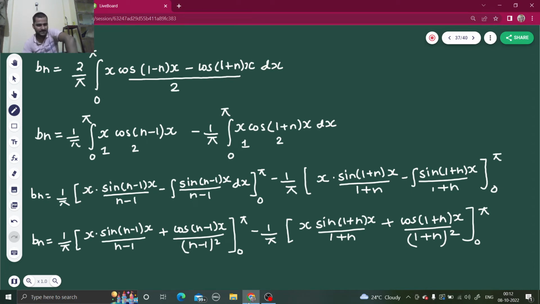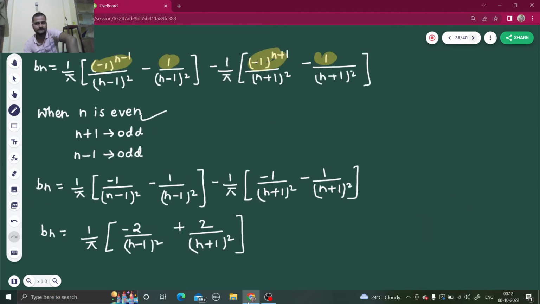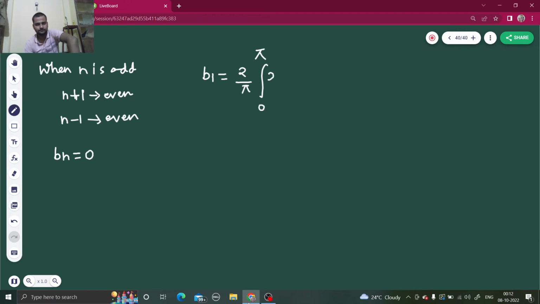When you take n as 1, 1 minus 1 is 0, cos 0 is 1, so from here you are getting 1, and 1 minus cos 2x by 2 is what you are getting with x. 1 minus cos 2x is 2 sine square x, divided by 2, so that becomes sine square x.